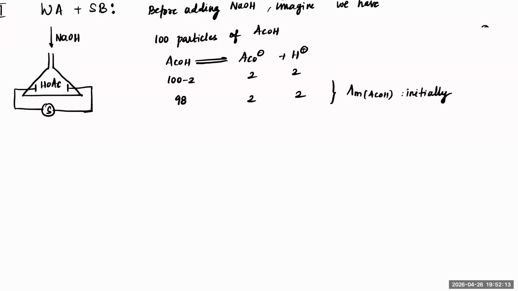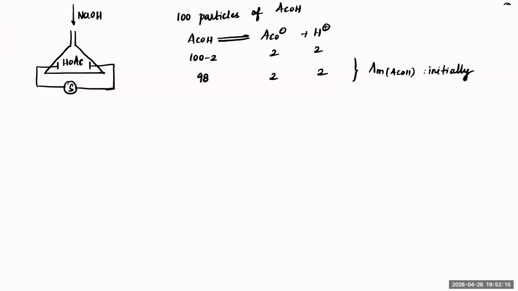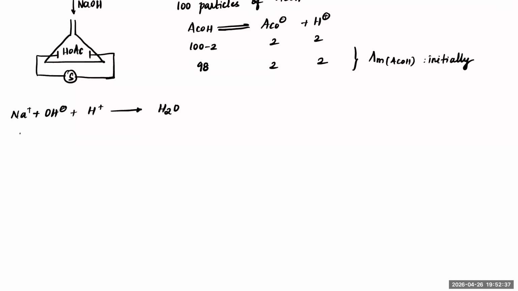Now, as the NaOH is getting added, the first thing that happens is that OH minus will consume the H plus already present and convert it into H2O. Of course, you are adding Na plus and OH minus too. Let's say you added 2 drops and there are 2 ions of H plus initially.